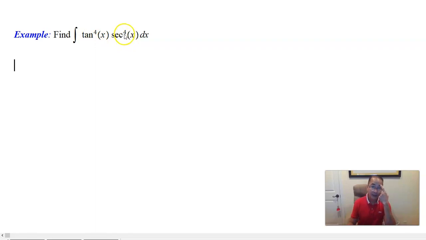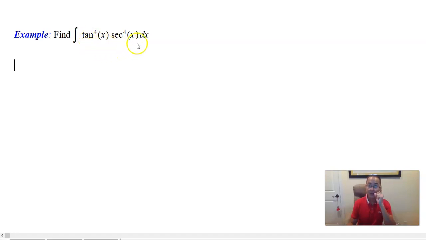So this even power, that's good because the derivative of tangent is secant squared. So we have 4 of these. You use 2 for the derivative, and then you keep another secant squared. But we just saw that 1 plus tangent squared is secant squared.